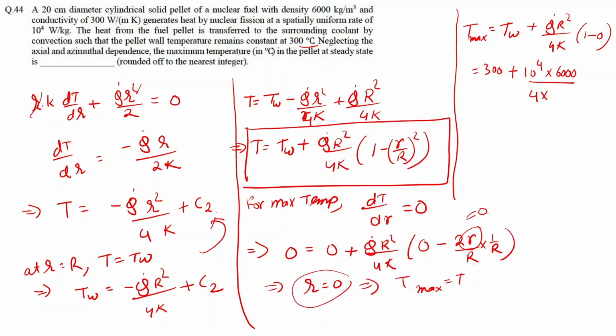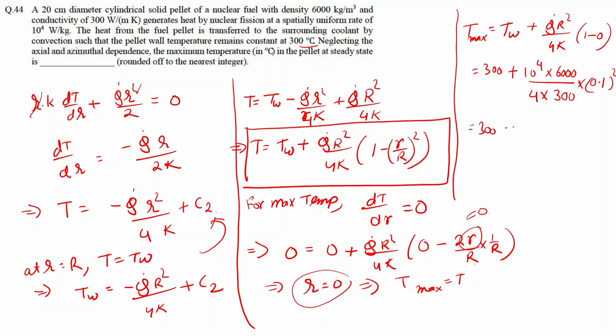We have been given k as 300, into radius. We have been given the diameter as 20 centimeters, so radius will be 0.1 meter, 0.1 whole square.